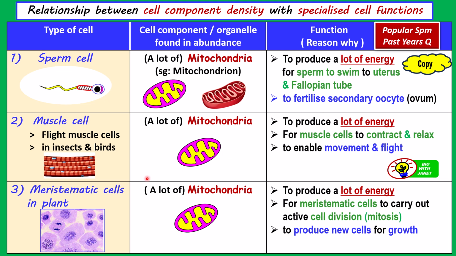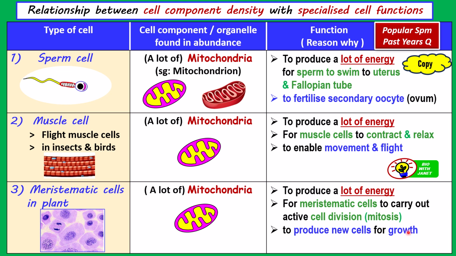So next we have the meristematic cells in plants. They also contain a lot of mitochondria to produce a lot of energy for these meristematic cells to carry out active cell division through mitosis, a form of cell division. In order for these meristematic cells here to produce more new cells, and then this will cause growth of the plant to occur.